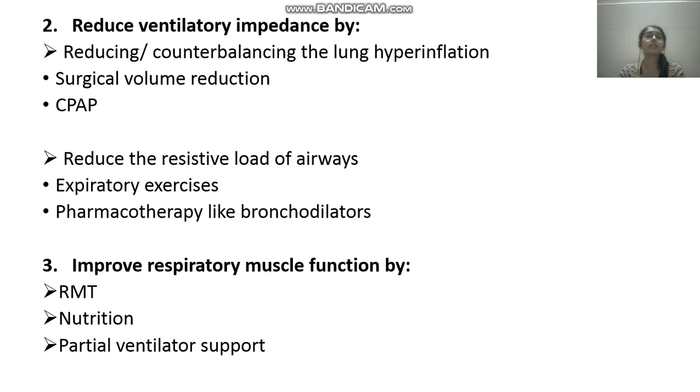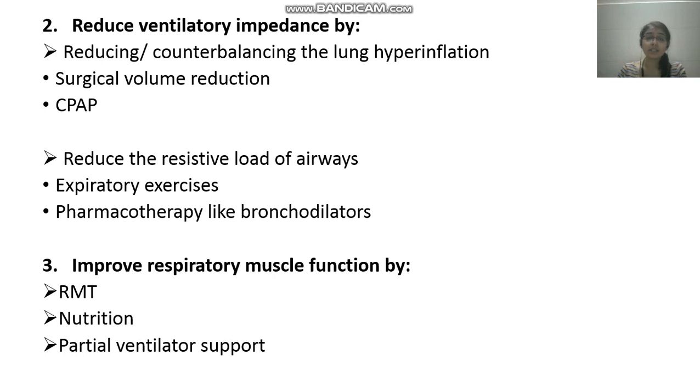What we can do is surgically reduce the volume, which is not our part basically, but we can always use positive airway pressures, CPAP machines, to maintain the inflation, maintain the pressures inside the lung during inspiration and expiration.